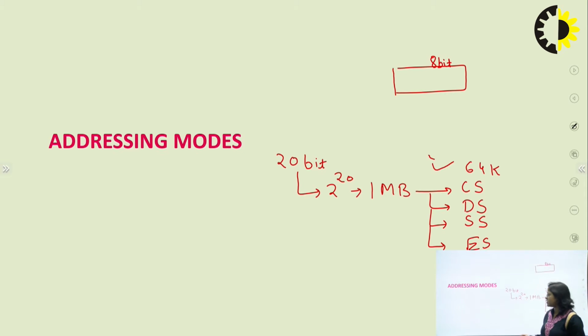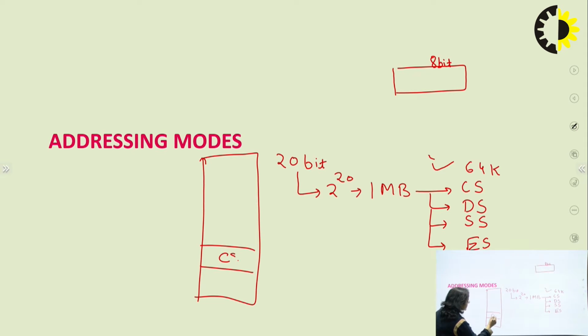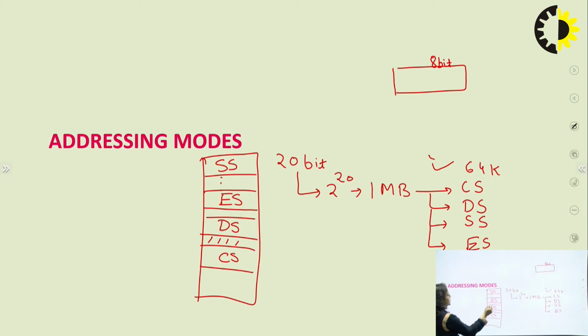So we can say that the whole memory of 8086 is divided into various segments, these segments will contain the data, and each segment size is 64K.